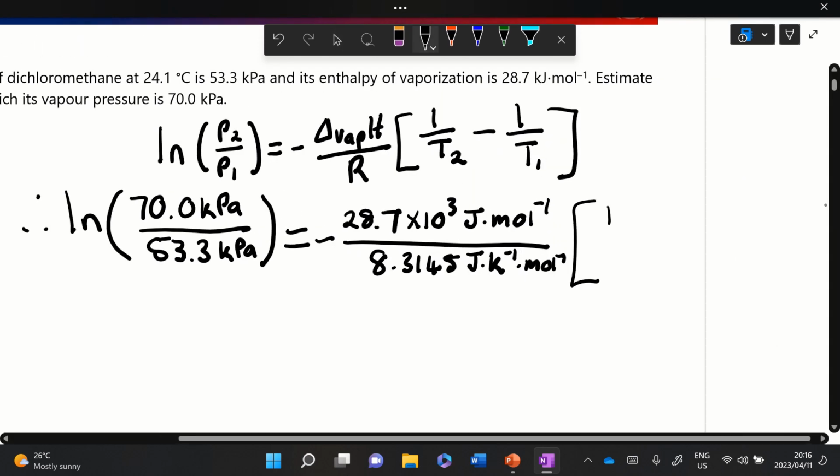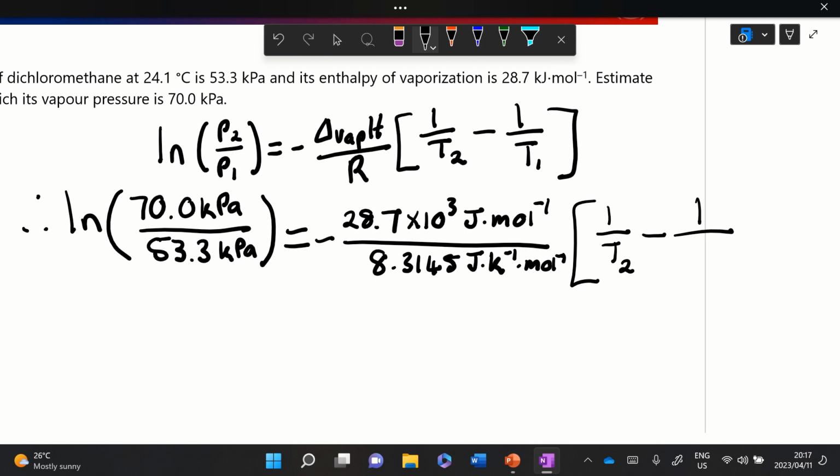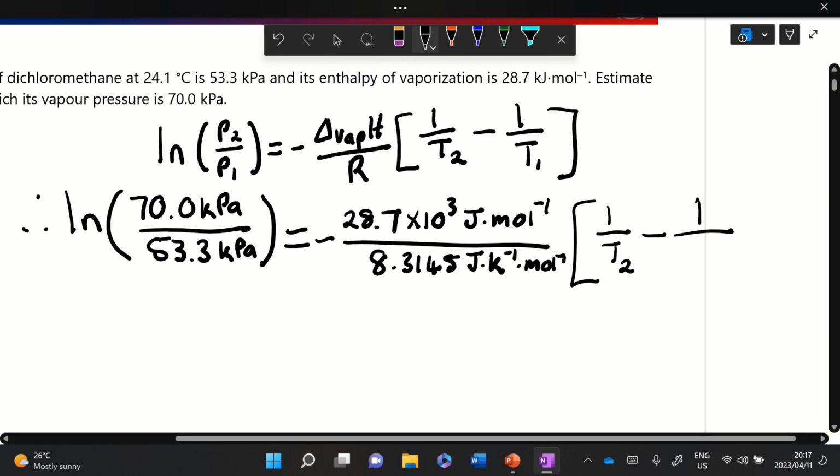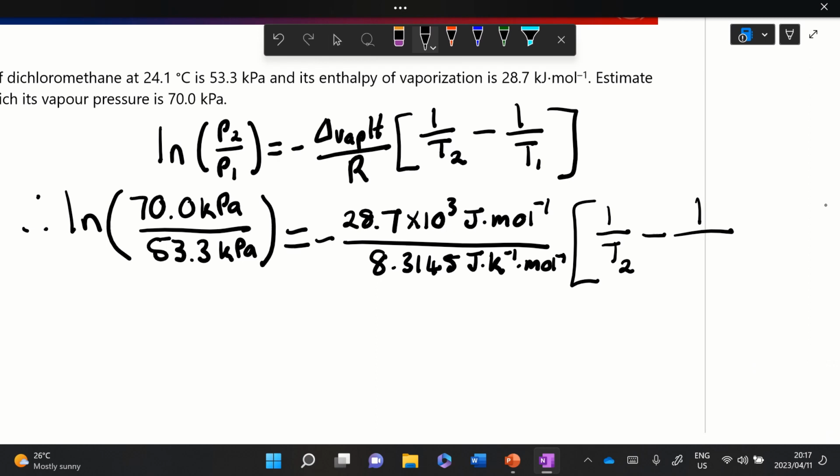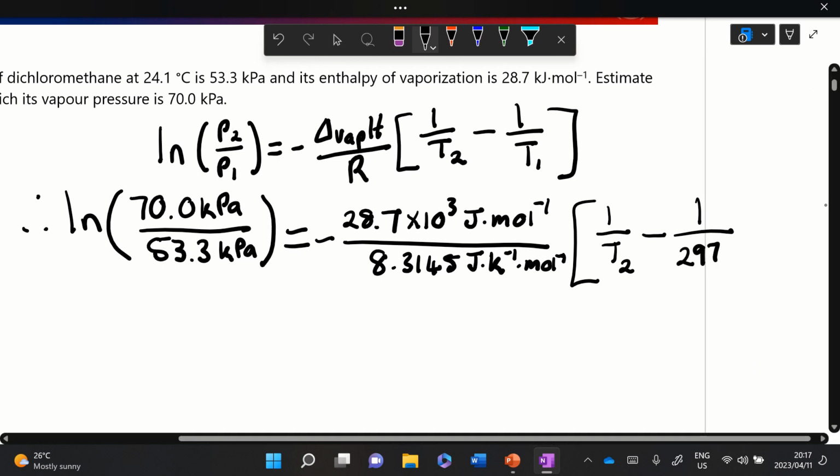And then we want to calculate T2, so we leave that. And then T1 is 24.1 degrees Celsius. In other words, it's 24.1 plus 273.15, which is 297.25 Kelvin.